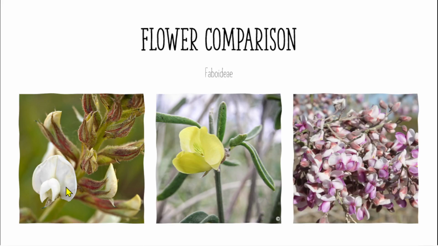There are these two petals in the back, then a set of petals closer together enclosing the pistil and stamen. The brush pea has the two petals enclosed, and the ironwood has the same structure. So these plants, being more closely related, do have flowers that look more like each other.